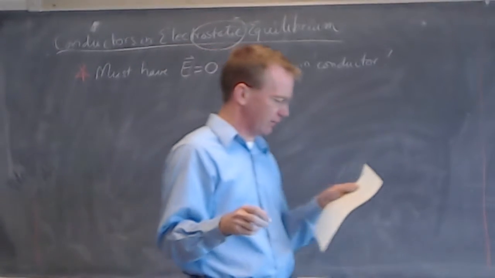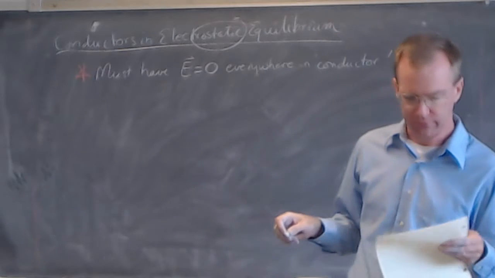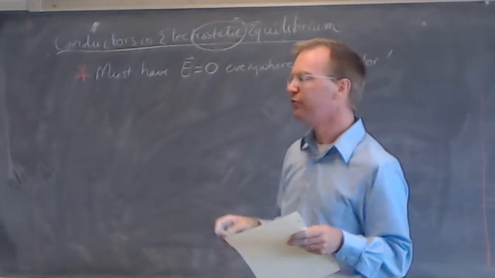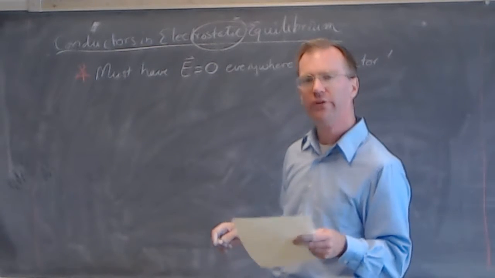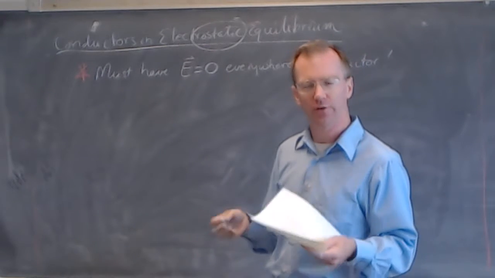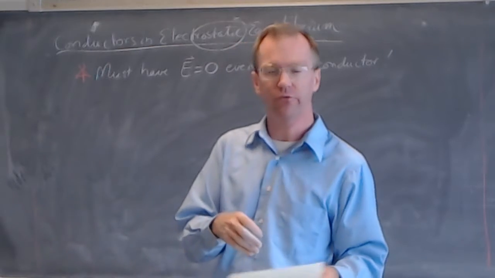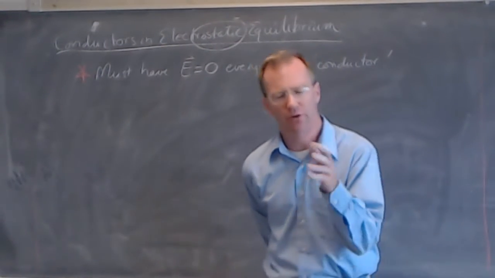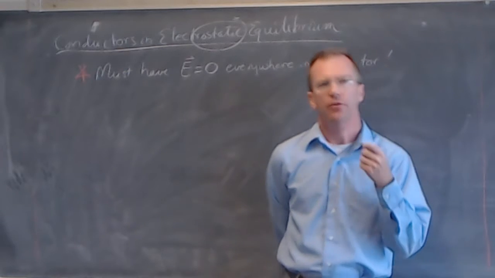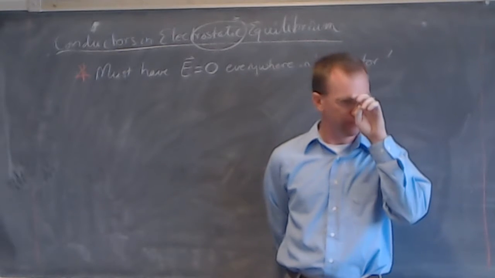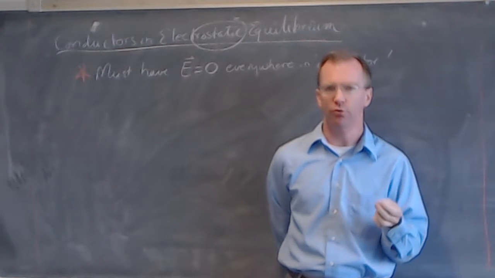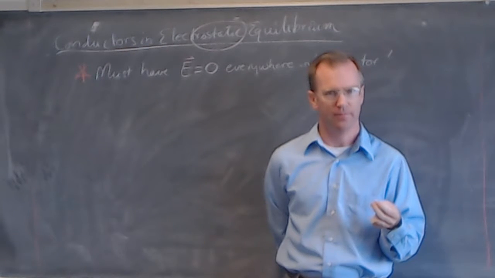Now, the reason for this is that if there was an electric field in the material of the conductor, remember the electrons are free to move through the metal. I'm going to just say that it's a metal here. Secondly, an electric field produces a force on a charge.